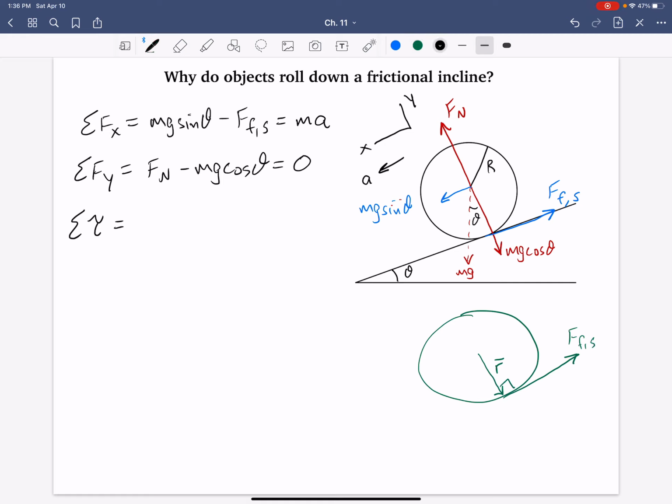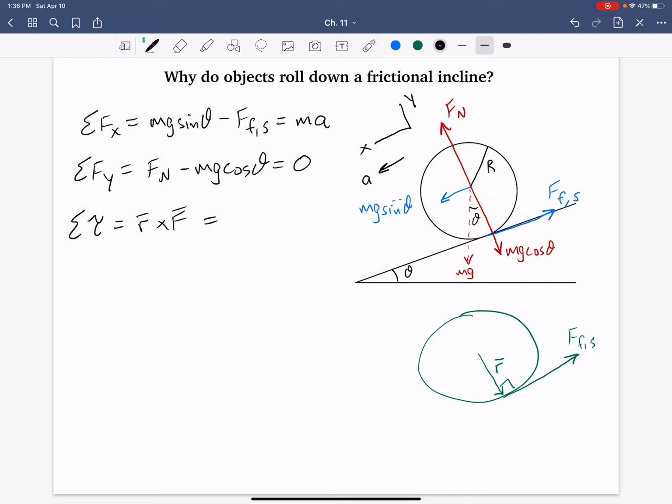Whatever R is, whatever F is, it's always R cross F. And the net torque, after we've added up all of the torques, is equal to I alpha, okay? So the magnitude of R is capital R. The magnitude of F is, well, we can just say frictional force, F for right now.